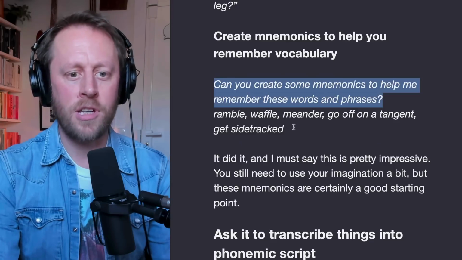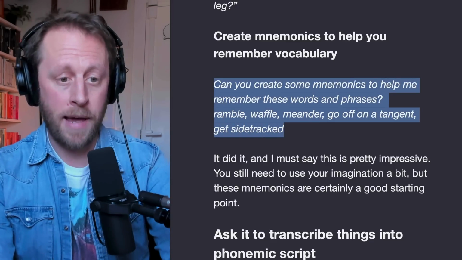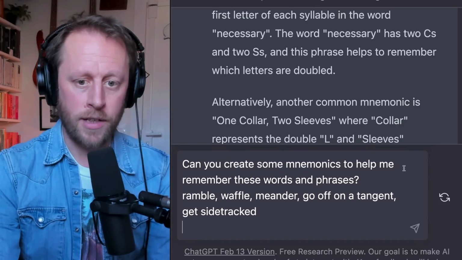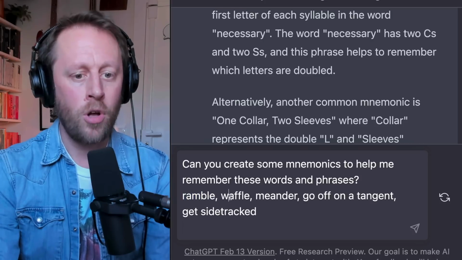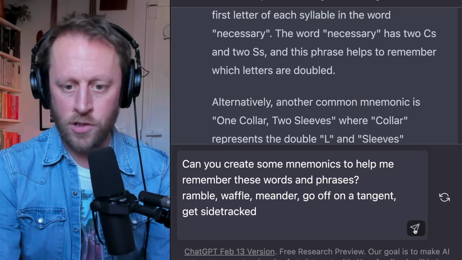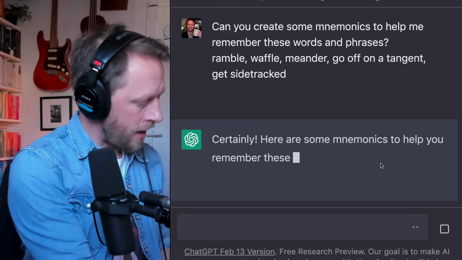Now, can it give us mnemonics to help us remember words and phrases? Not just the spelling, but the words and phrases. So, can you create some mnemonics to help me remember these words and phrases? And I've added ramble, waffle, meander, go off on a tangent, and get sidetracked. Let's see how it responds to that.